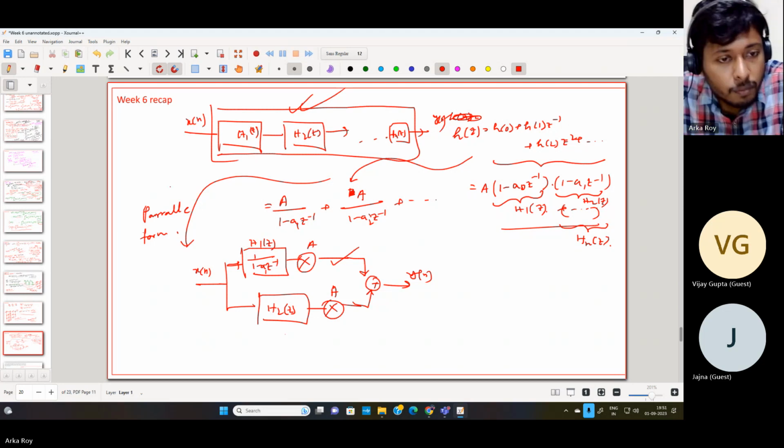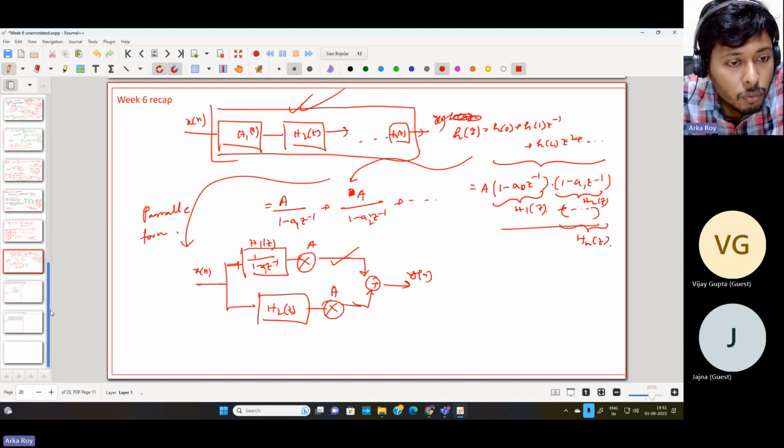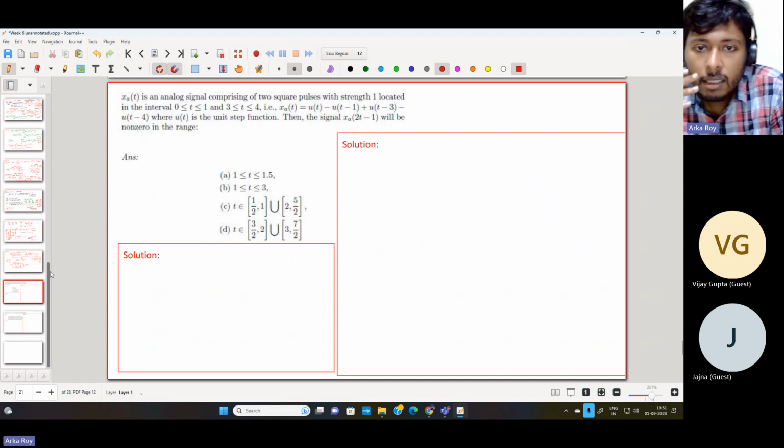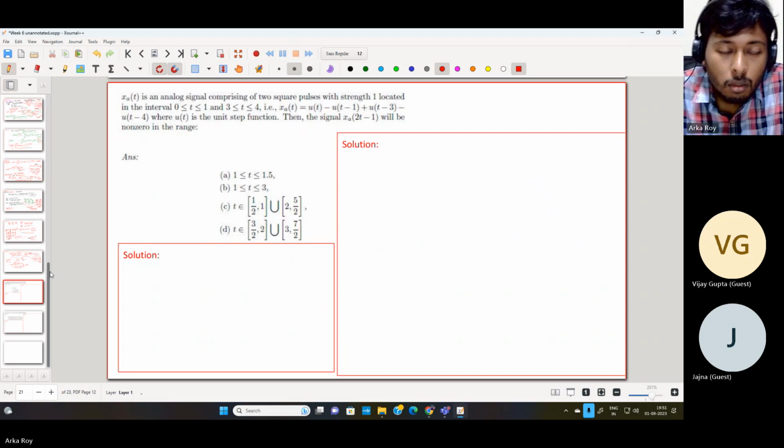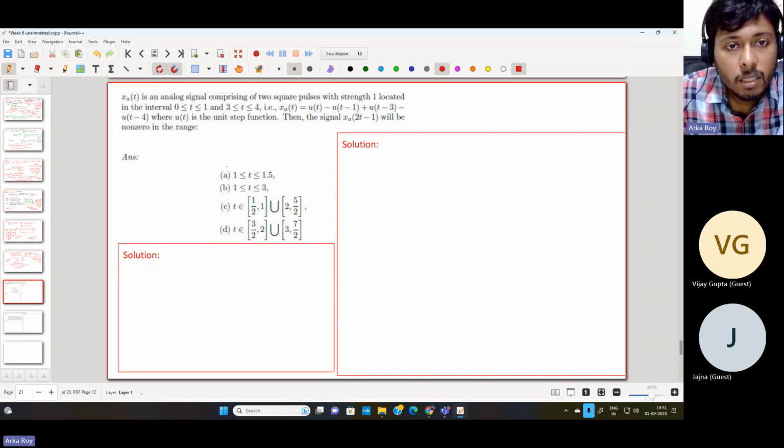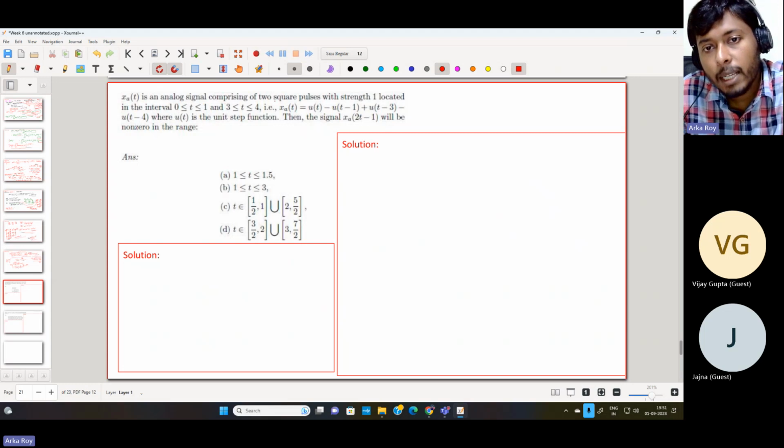Now, let us just move to some questions which are actually related to the week 6 quiz. So the first question states that xa(t) is an analog signal comprising two square pulses of strength 1. That means the amplitude is 1, located in the intervals 0 to 1 and 3 to 4.